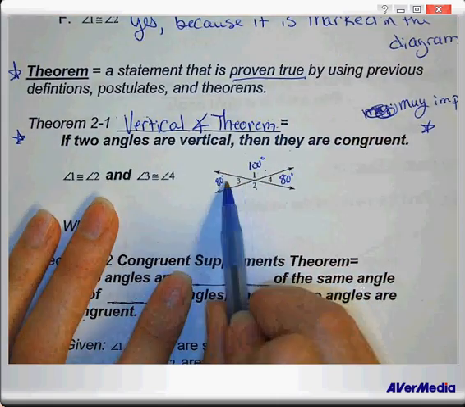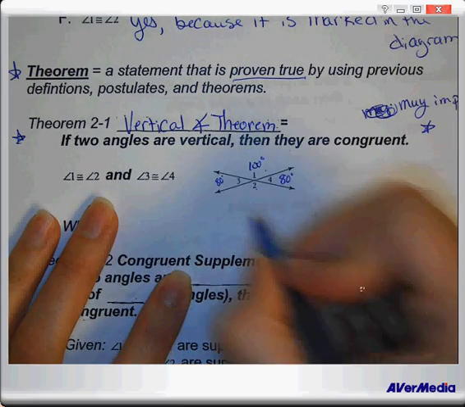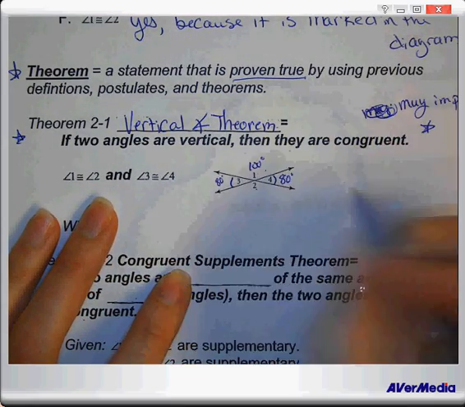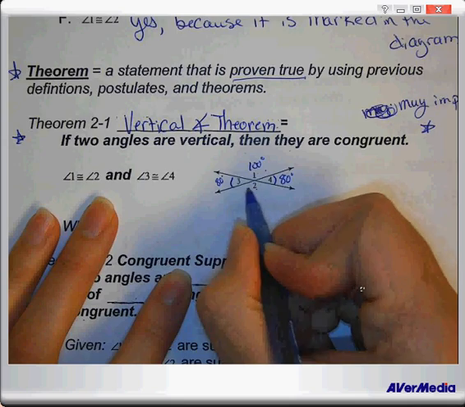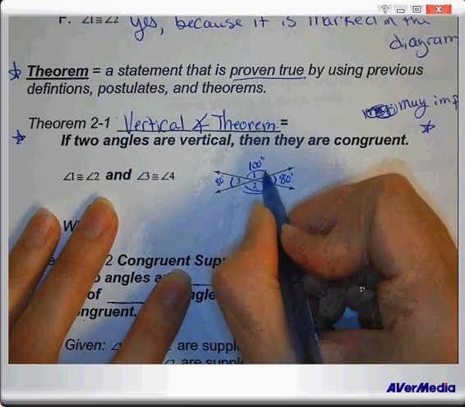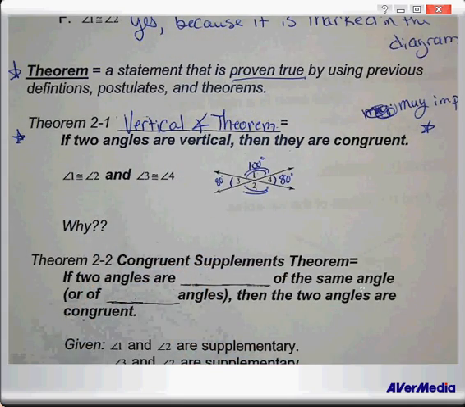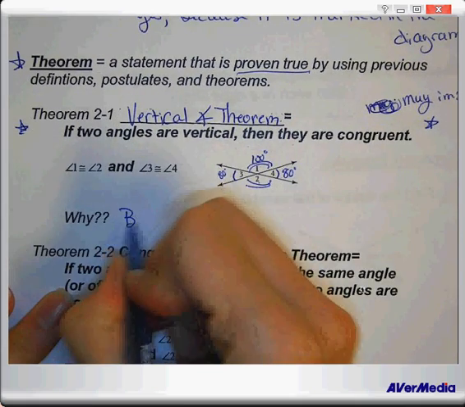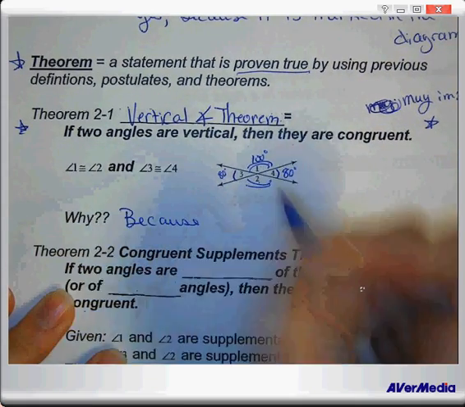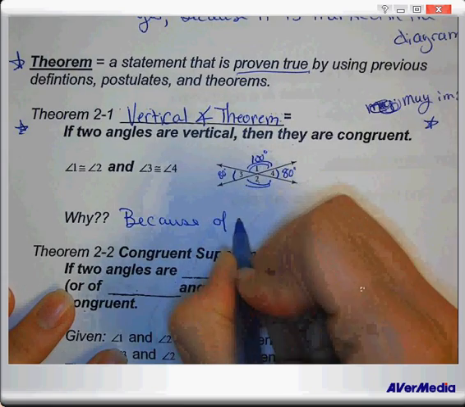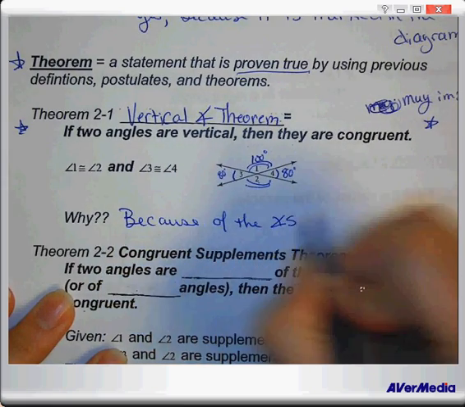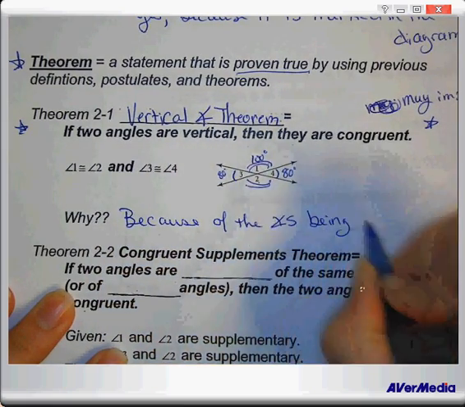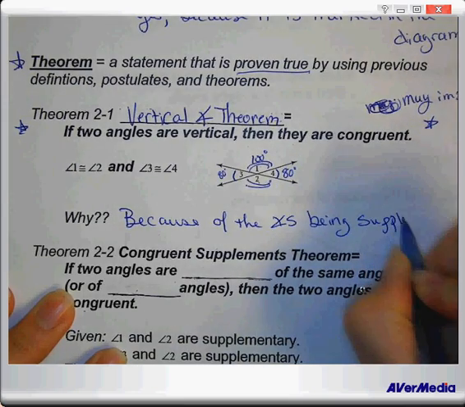Look at this. Angles with the same measure are what to each other? Congruent. Well, that also means I could solve for angle 2 and show that it's congruent to angle 1. So my vertical angle pairs are congruent. And why is this? Because of the angles being supplementary, because they're a linear pair.